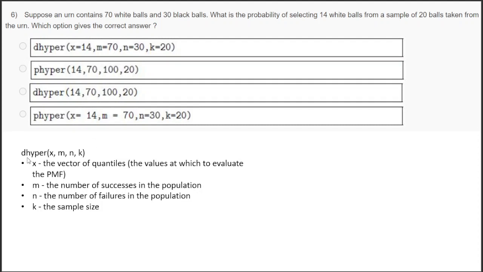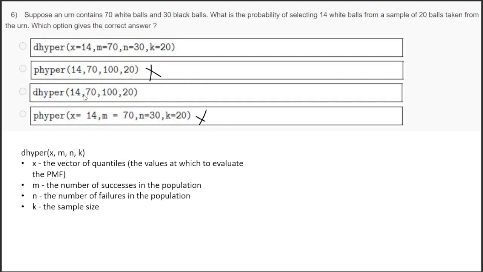So what is the syntax for dhyper? dhyper means exactly, like, what is the probability of getting 14 white balls here? It's the exact probability, not cumulative, which would be the CDF function. So this phyper option is ruled out. It's either A or C.